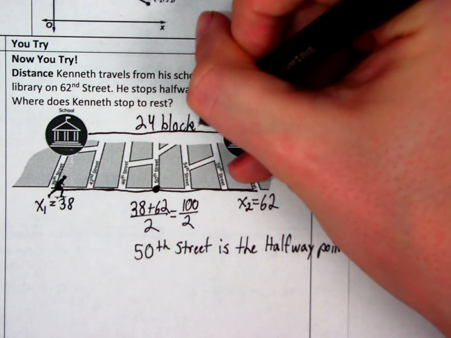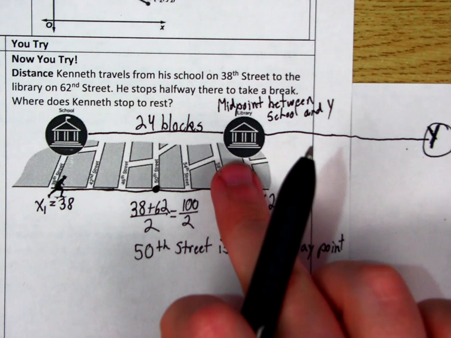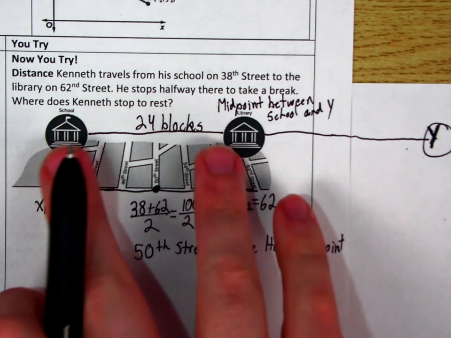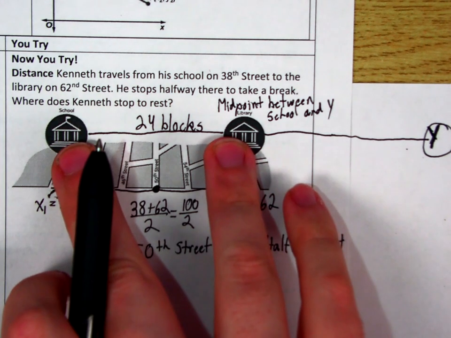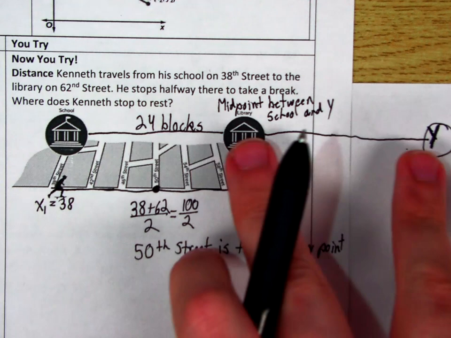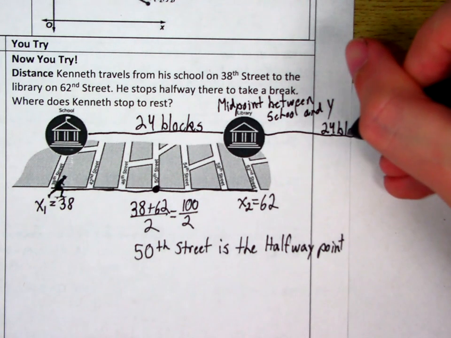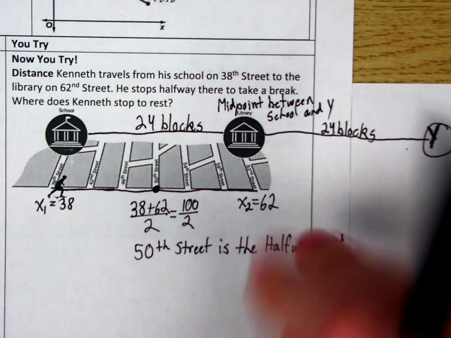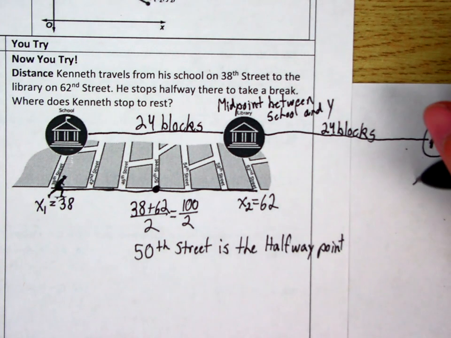We can repeat the same process. Because again, since the library is the midpoint, the distance on either side has to be the same. If we got 24 blocks here, we need to have 24 blocks here as well. So we can add 24 blocks to our location at 62nd Street and get the Y is going to be located at 86th Street as well.